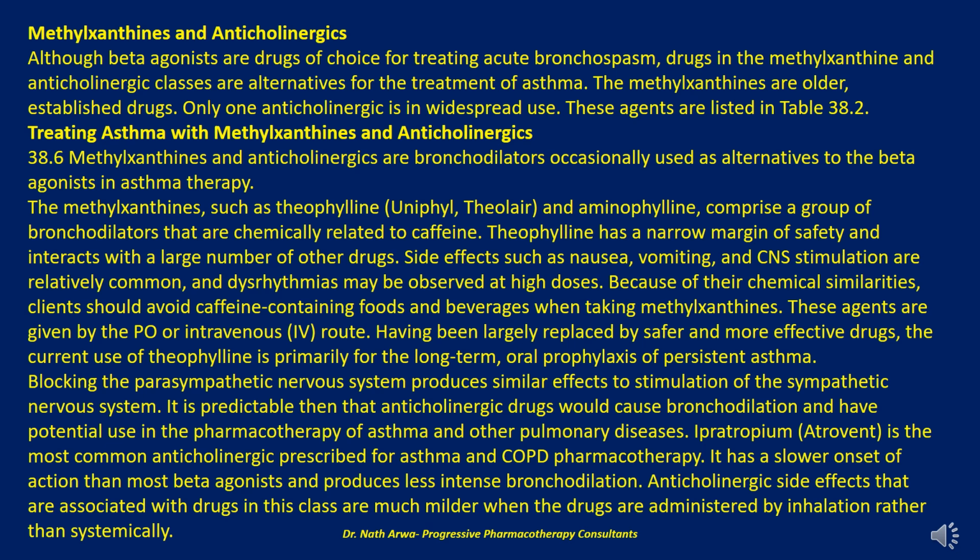Ipratropium, marketed as Atrovent, is the most common anticholinergic prescribed for asthma and chronic obstructive pulmonary disease pharmacotherapy. It has a slower onset of action than most beta agonists and produces less intense bronchodilation. Anticholinergic side effects that are associated with drugs in this class are much milder when the drugs are administered by inhalation rather than systemically.